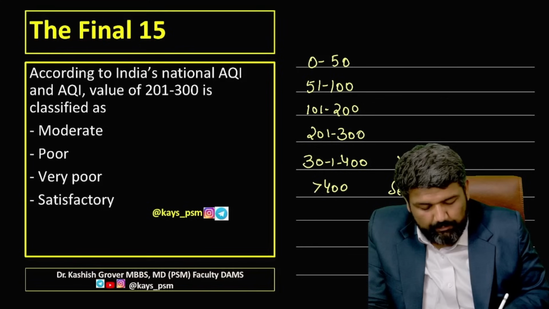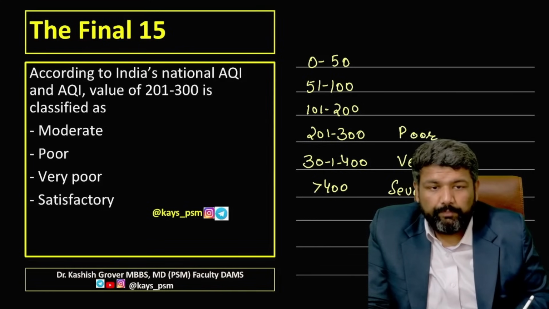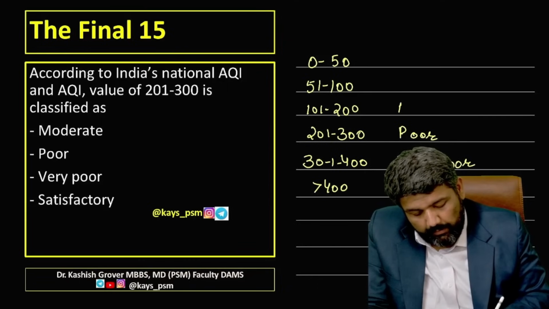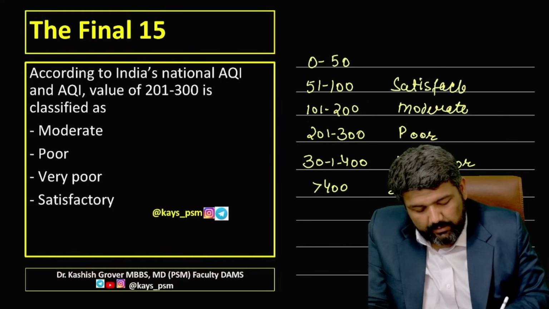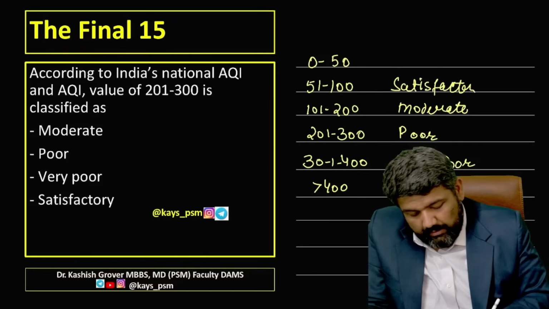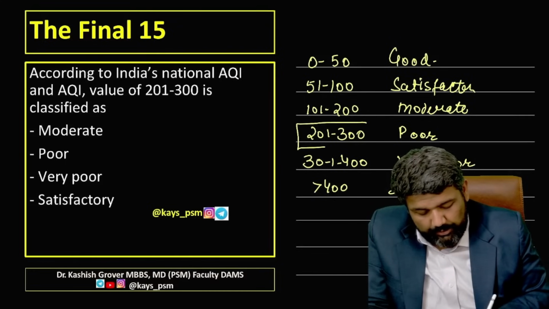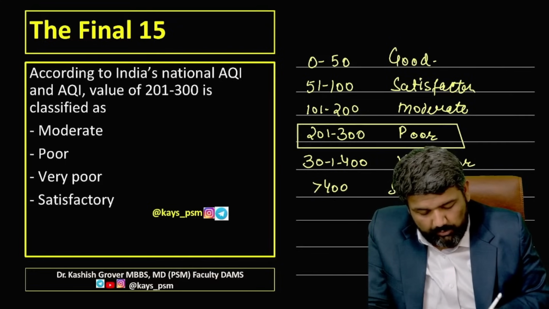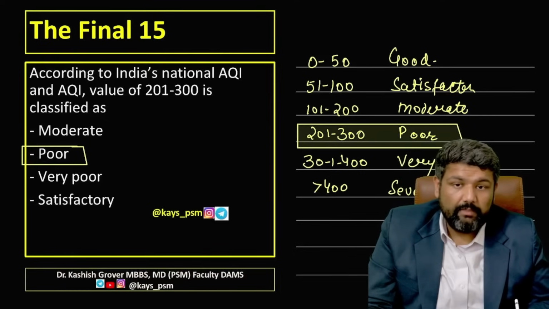This is very poor. This is poor. This is moderate. 51 to 100 is satisfactory. And 0 to 50 is good. So in the question they have asked about 201 to 300. So the answer will be poor.